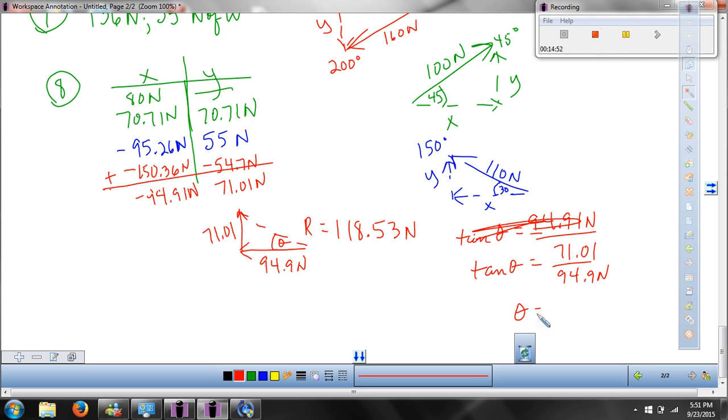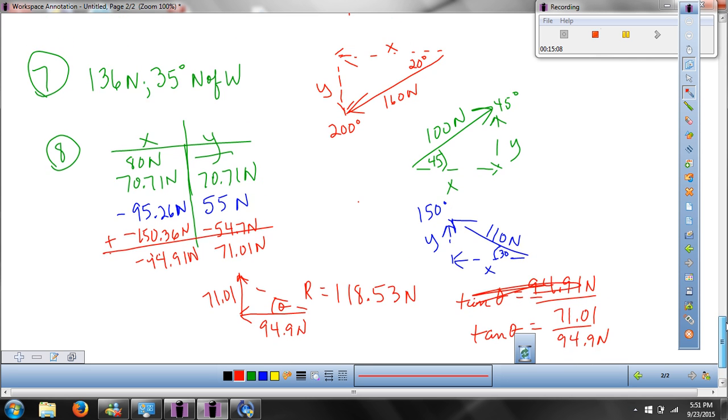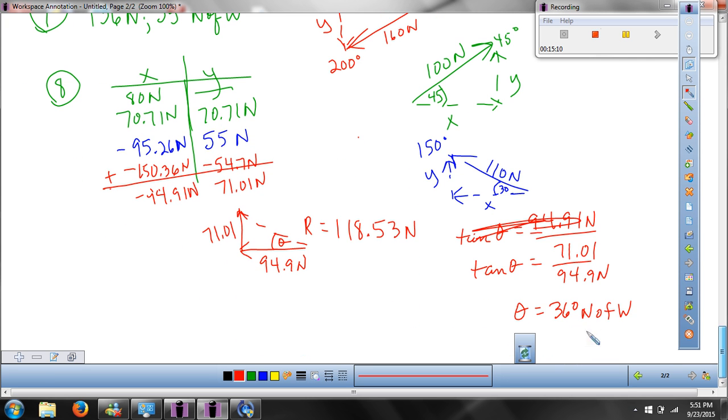When I did that, I believe I should have come out with about 36 degrees. And that would have been 36 degrees north of west. And that is incredibly close to what I got for the other one. So I'm looking pretty darn good. Good luck.